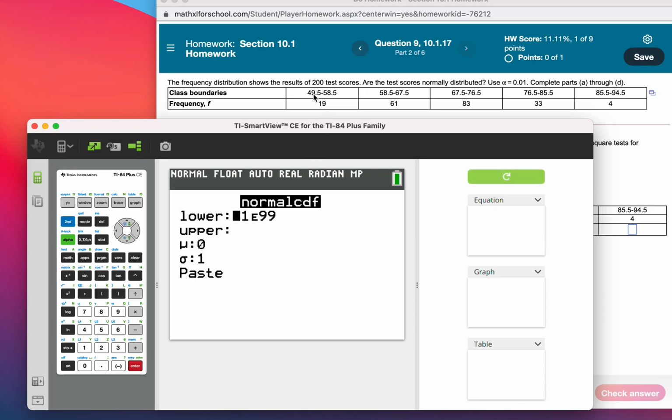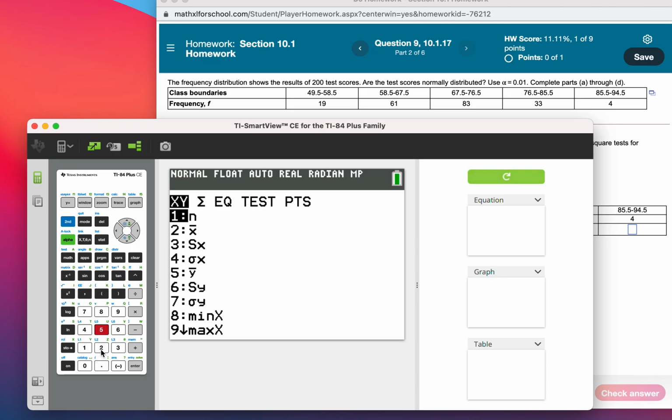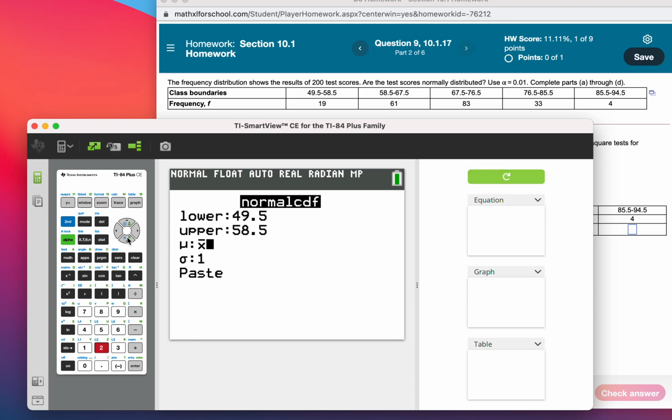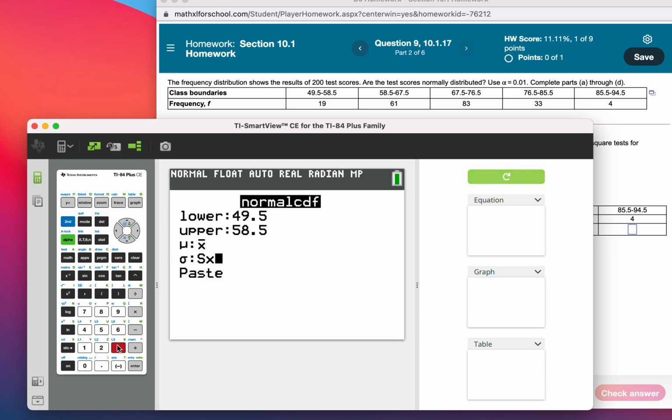So in the range of 49.5 to 58.5, so 49.5 is our lowest, 58.5 is our biggest. We want to put our mean here. So that's in vars, number 5, and that's number 2. Okay, and we want to put our standard deviation here, vars, 5, and this comes from a sample, so I'm going to use number 3.